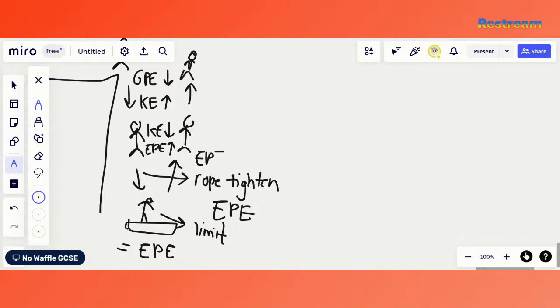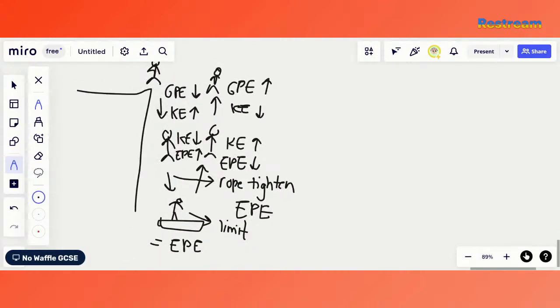So as the person goes back up, the elastic potential energy decreases, the kinetic energy increases, and then, because you're moving upwards, the kinetic energy decreases and the gravitational potential energy increases. However, you're often asked in an exam, why is it that as the person jumps back up, the person never jumps to the full height from where they jumped from?